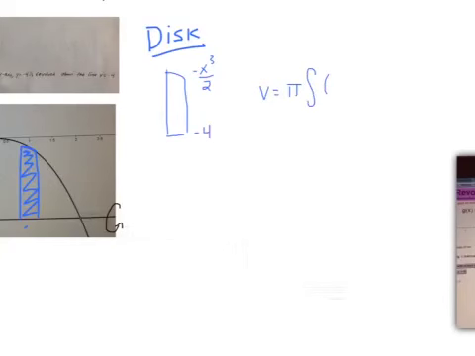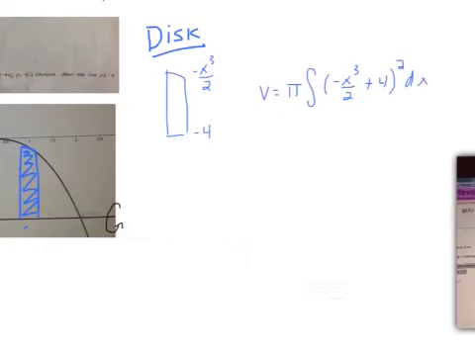Then it's going to be the top minus the bottom, so it's going to be -x to the third over 2 minus a -4. So it's going to be -x to the third over 2. Because I'm subtracting a negative number, it's going to turn out to be +4. And then the radius is being squared with respect to x.